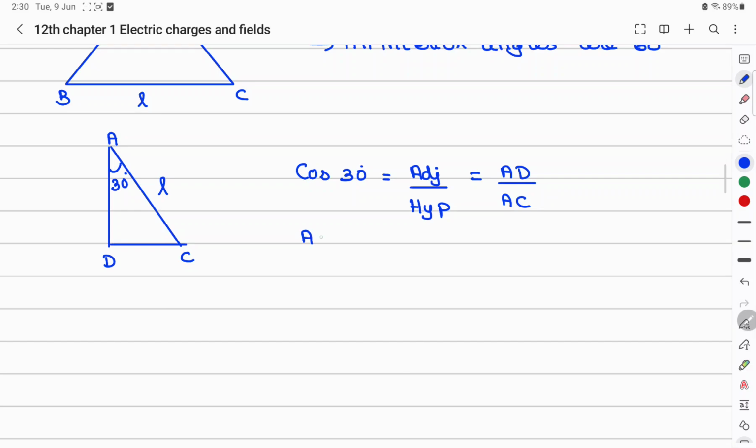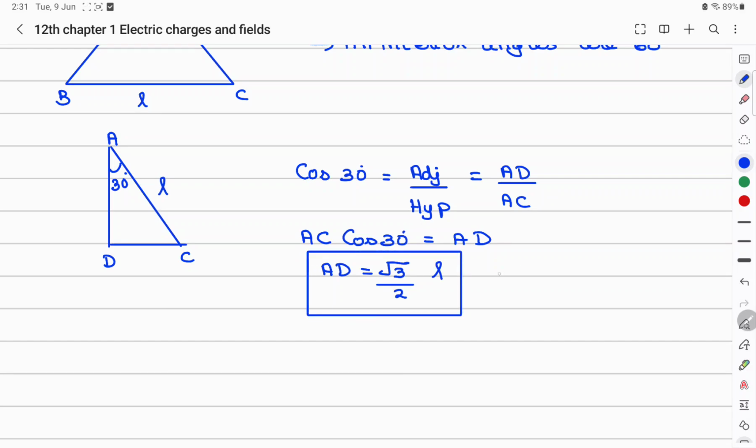Otherwise it is represented as AC cos 30 degrees equals AD. So AD is equal to √3/2 times AC, and the value of AC is L. So AD is equal to (√3/2)L. Say this is equation 1.